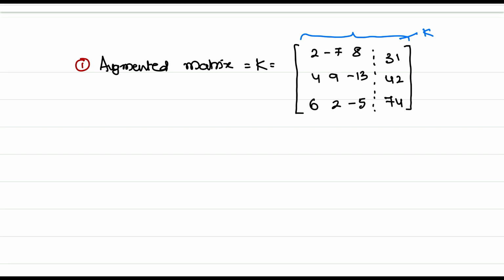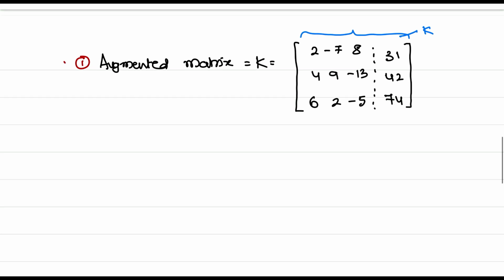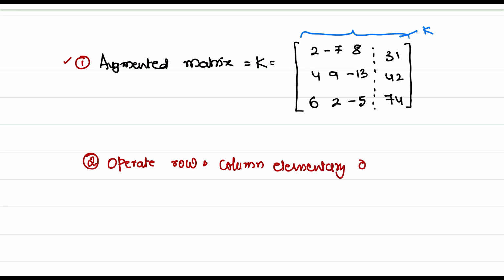Then we will go for the augmented matrix. This is the first important step. Next step is to operate row and column elementary operations on augmented matrix.